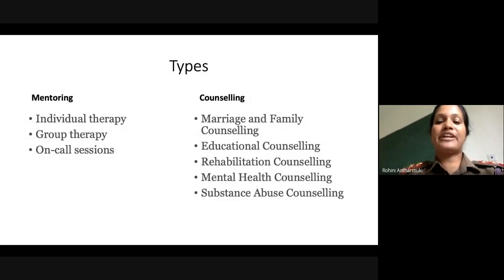Then we have rehabilitation counseling. That means that the student has been a prey of some bad habits, or they are not able to come out of a trauma, and you're supposed to counsel them for that case, and that is rehabilitation.